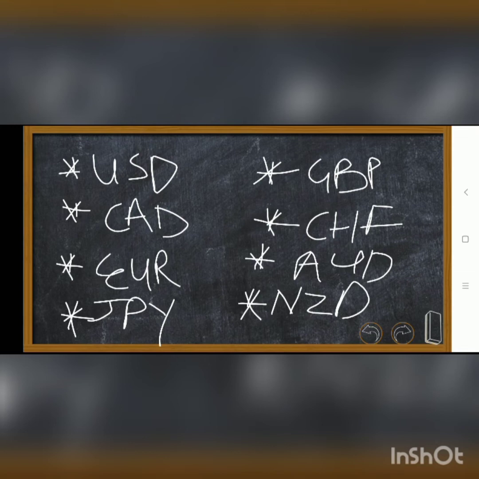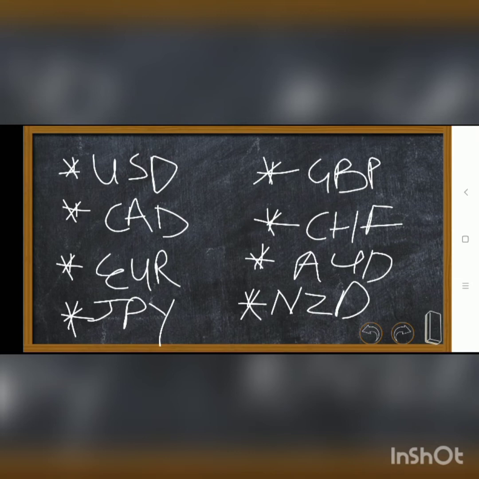So remember that a currency resembles a country or region's economy. It shows its economic state. Currency is finance, economy is finance, so they go hand in glove.